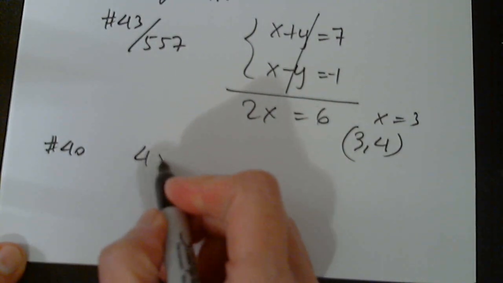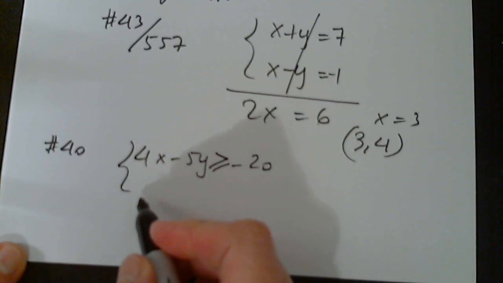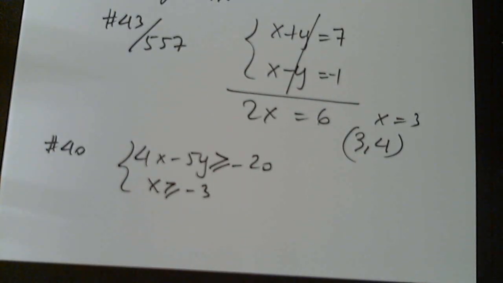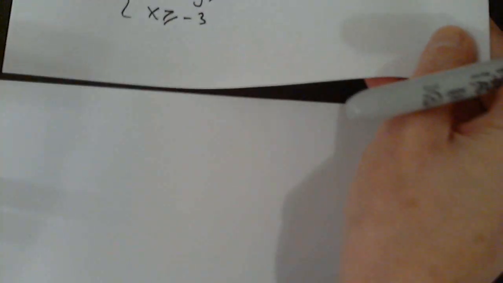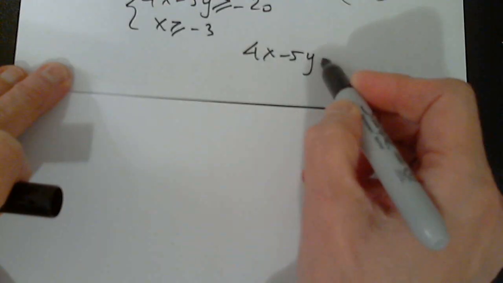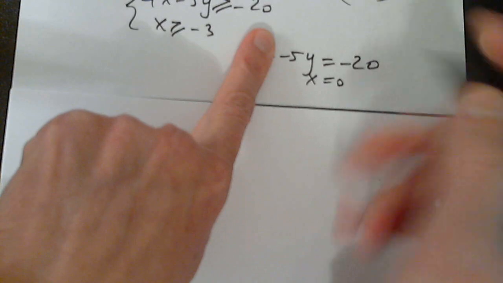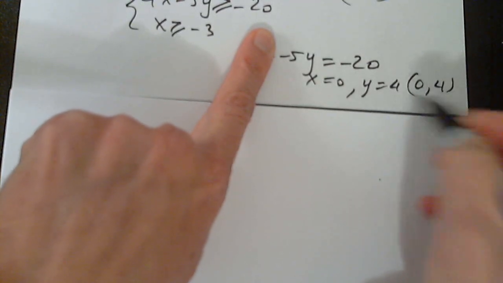40, 4x minus 5y greater than or equal to negative 20, and x greater than or equal to negative 3. Very good. Okay, so first I have to graph 4x minus 5y equals negative 20. When x is 0, y is 4, so 0, 4.